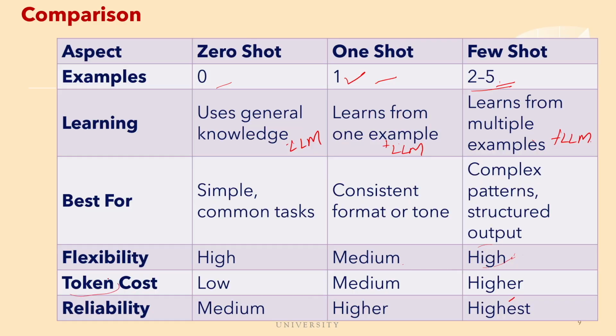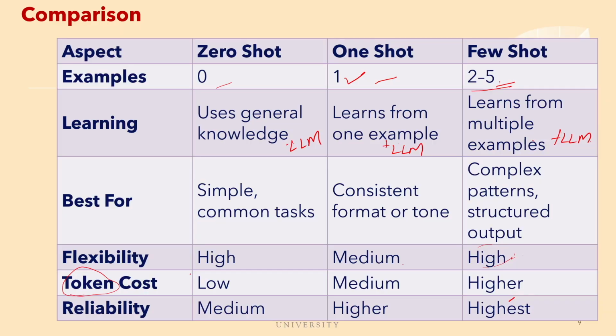The token cost, the meaning of token, I will be explaining in the next session. Right now assume that each word or each part of the sentence is a token. For now, at least in an English statement, suppose I say "zero shot," zero is one token and shot is one token. For each token there is a cost involved in LLMs, which I will speak about in the next session.